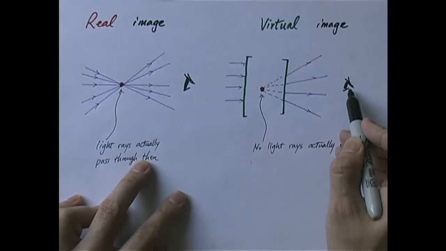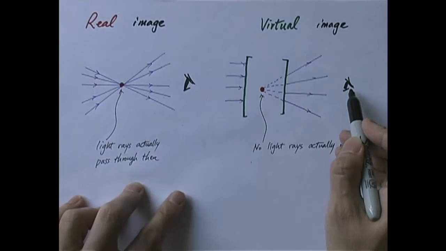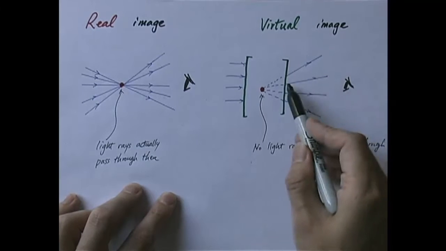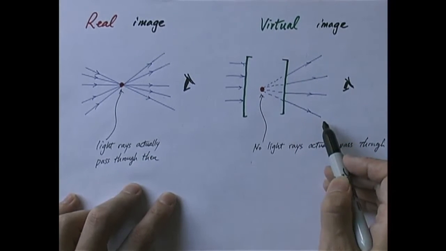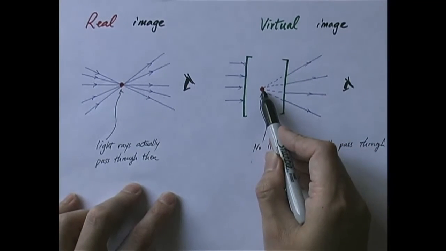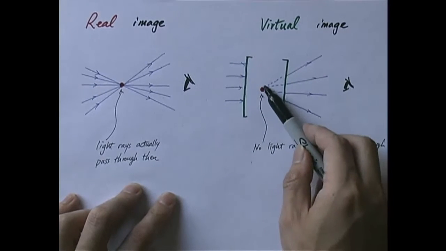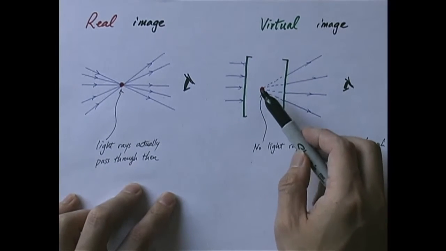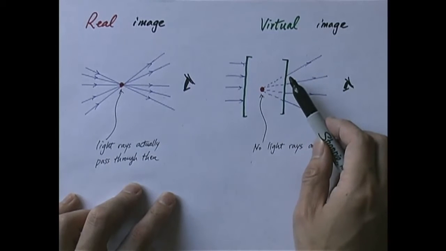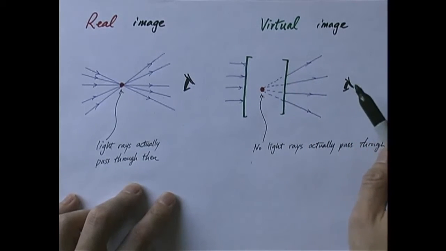We look at these light rays, and what do we see? Well, we see these light rays coming towards our eyes, and they appear to have originated from there. Now, is there really something there? Not really. The light rays are like this. Nothing is really there. This is not where the light rays actually originate, but it just appears to be so.